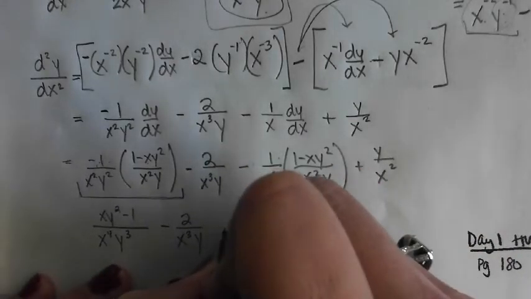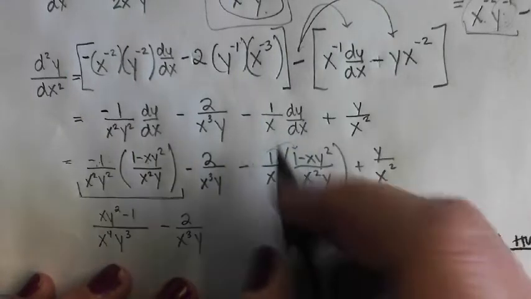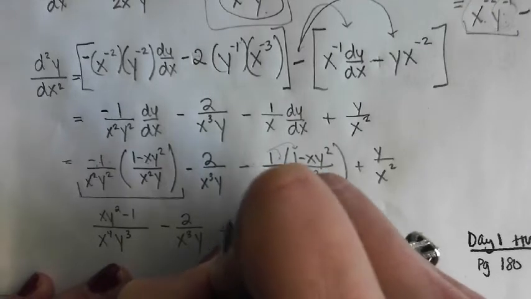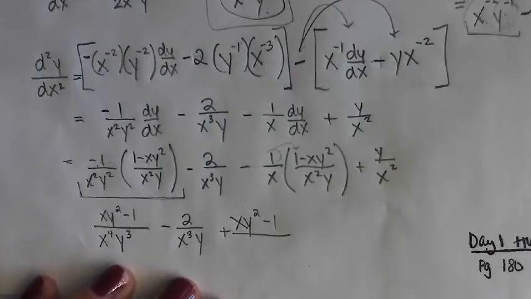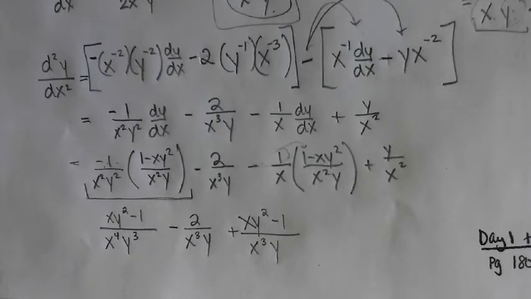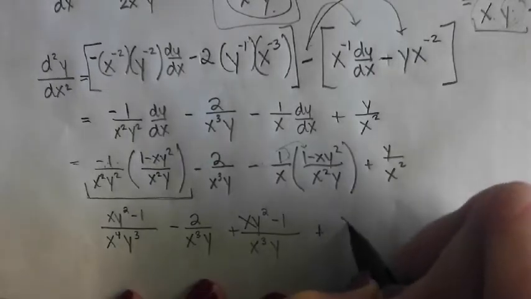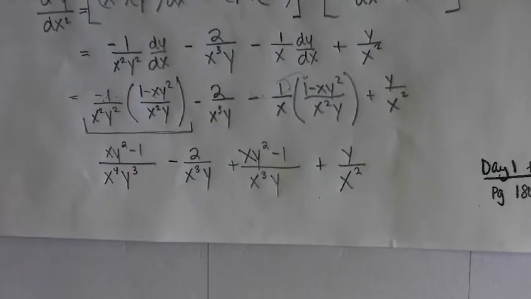So it'll be xy squared minus 1 over x cubed y plus y over x squared. Anything else we can do here?